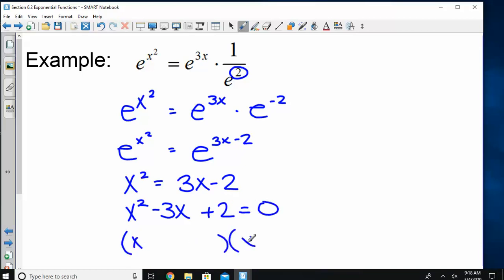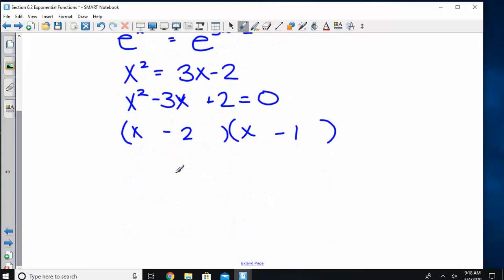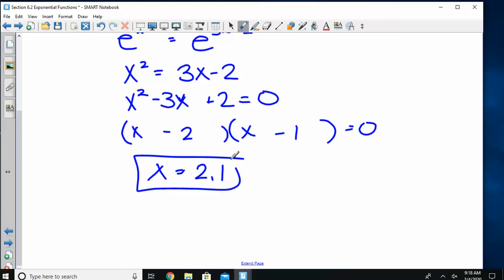What multiplies to 2 and adds to -3? -2 and -1. So you get x equals 2.